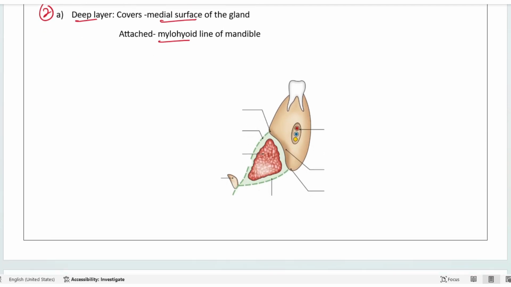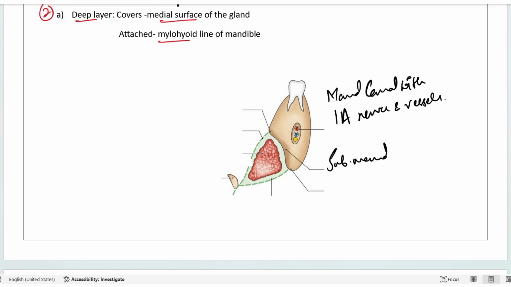Again, you can draw one diagram where this is the mandibular canal with inferior alveolar nerves and vessels. This is the submandibular fossa. This is the base of the mandible. This is the mylohyoid line.